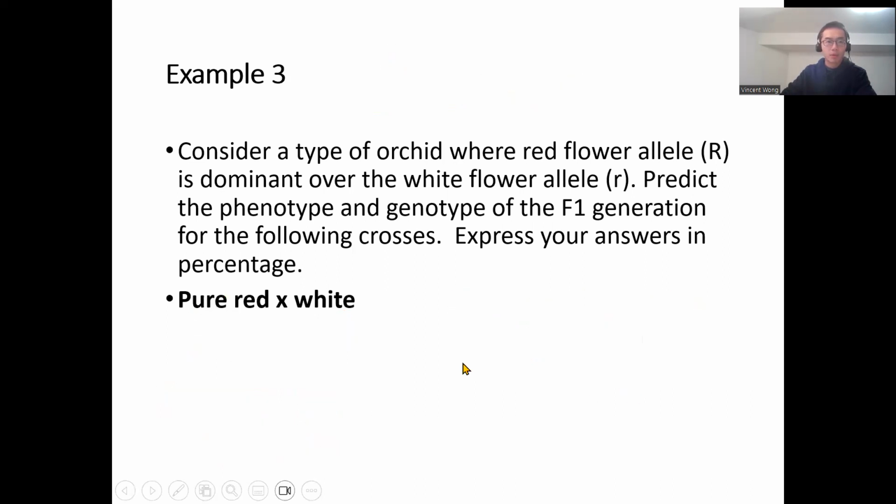Just quickly do one more. Pure red with white. Okay, pure red with white. I'll let you try it yourself, and then I'll take it up.